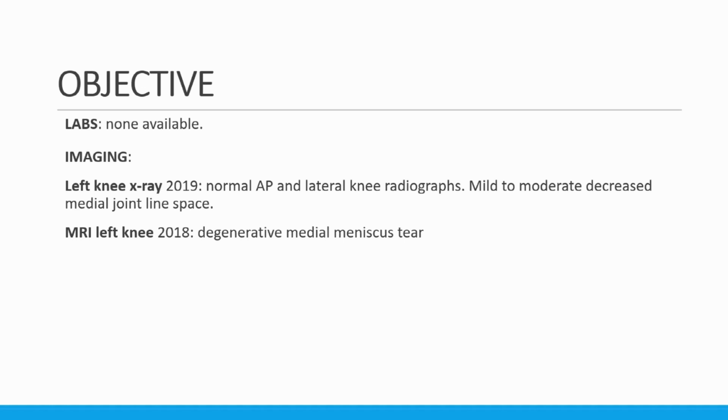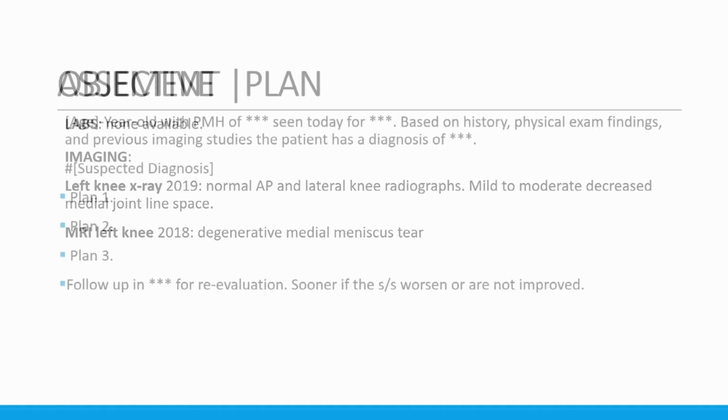Then we look at the MRI of the left knee. And this was actually older, from 2018, and there were some degenerative findings as well, a degenerative medial meniscal tear. So basically all of this is pointing to the fact that this patient has medial joint line pain on physical exam, and it's corroborated also by the imaging findings that we got.